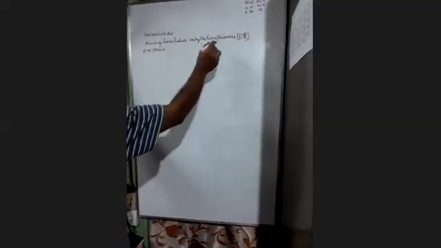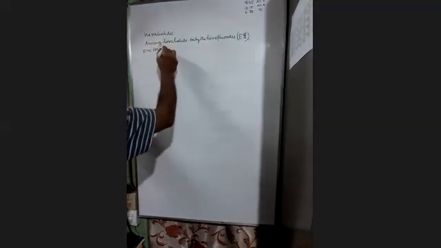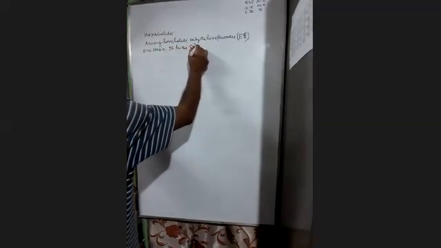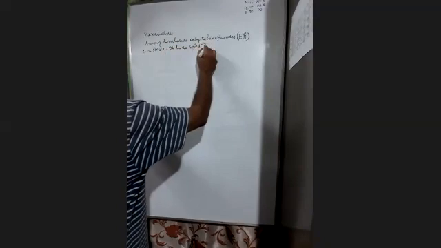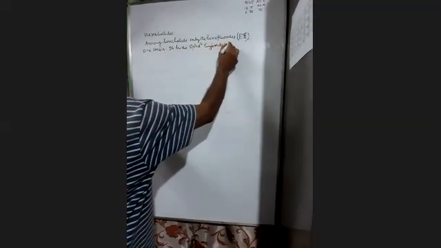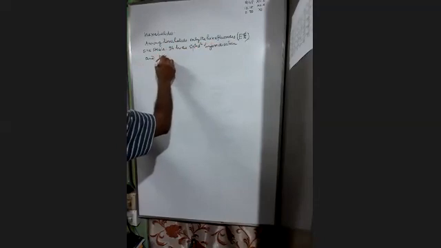Only hexafluorides are stable. It has sp3d2 hybridization and octahedral structure.